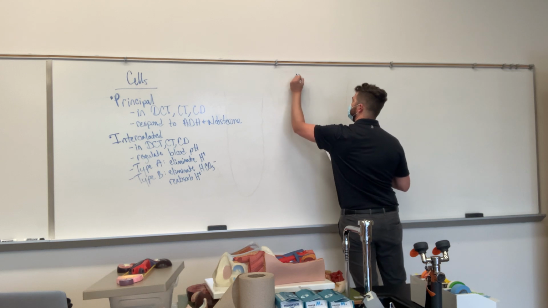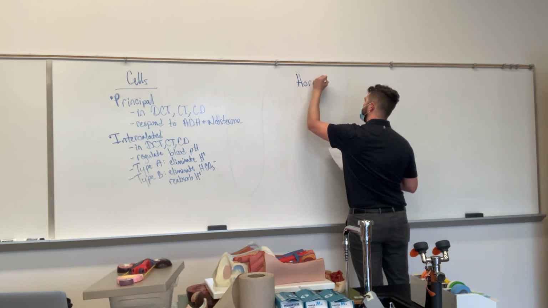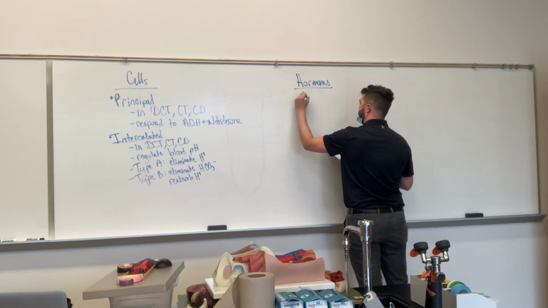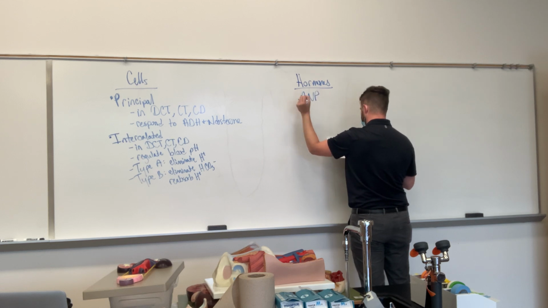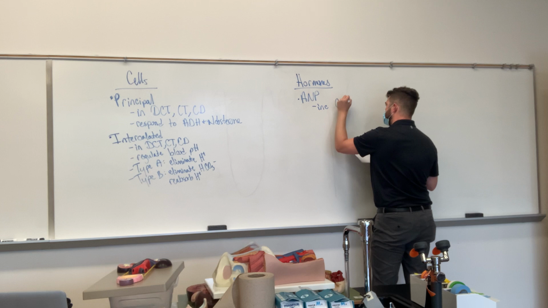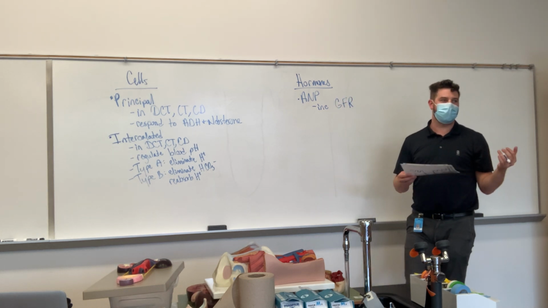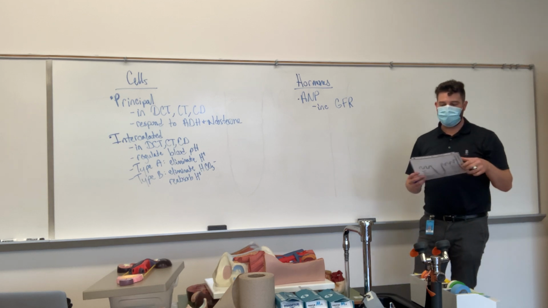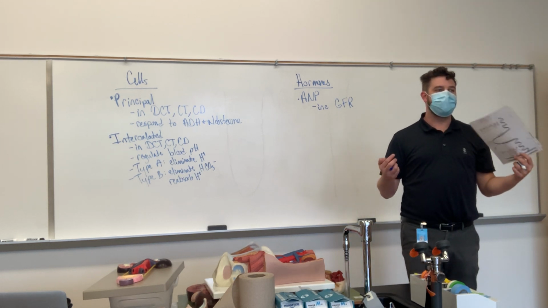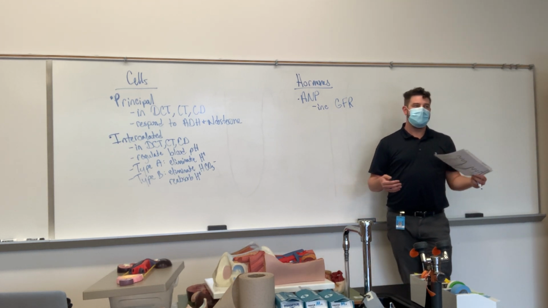Hormones regulating the urinary system. We have ANP. It is going to increase our GFR, which is your glomerular filtration rate. Remember, the capillaries that filter blood are called the glomerular capillaries.